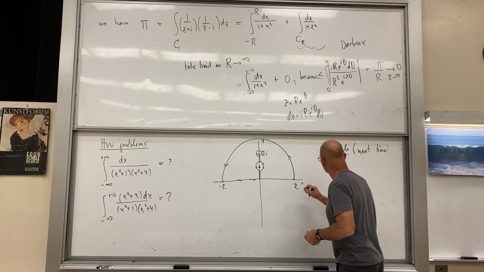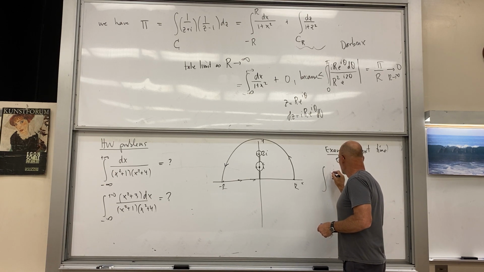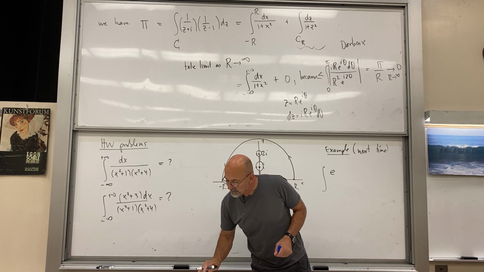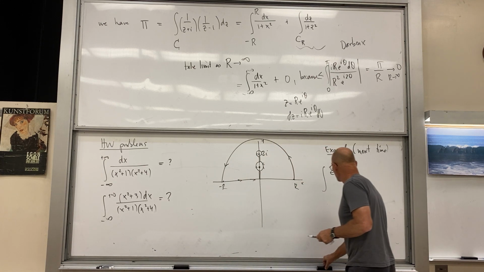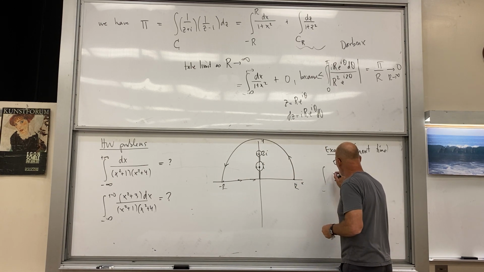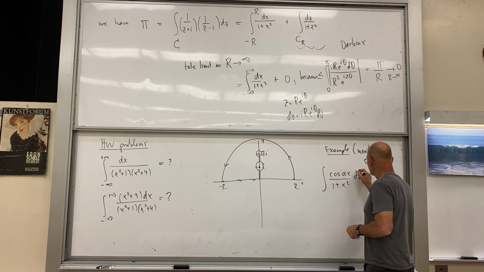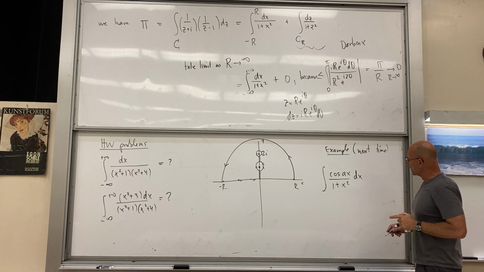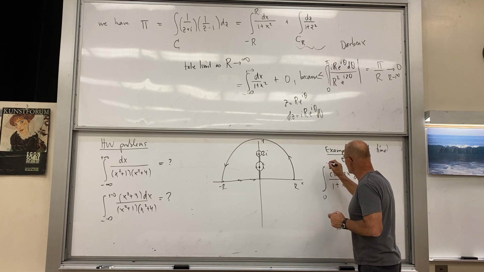So, a little more room here. This integral: cosine of ax over 1 plus x squared dx, and this would be from 0 to infinity.